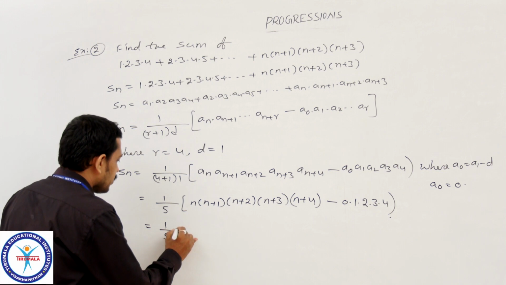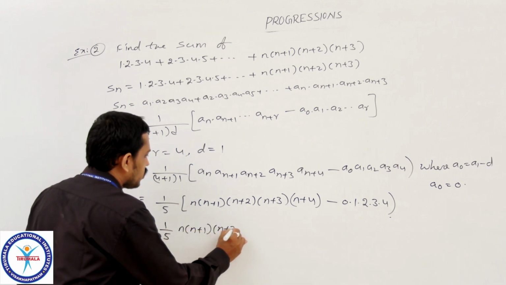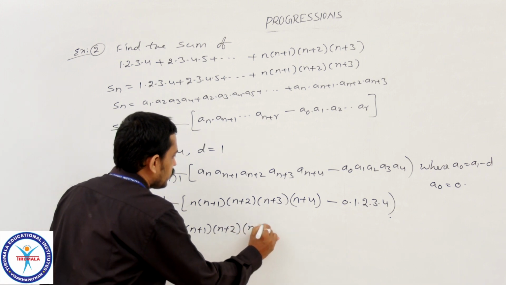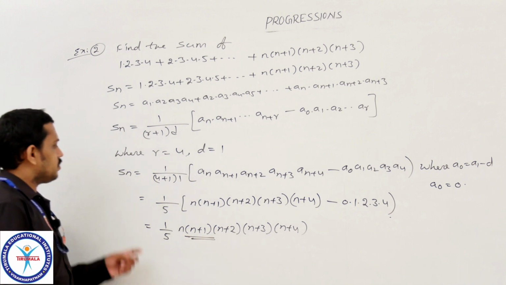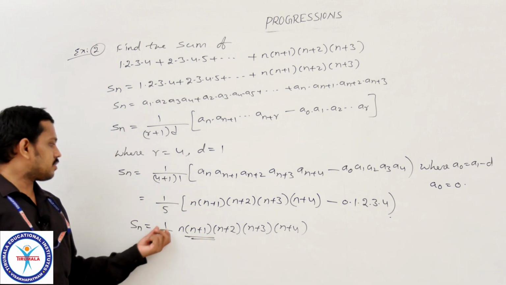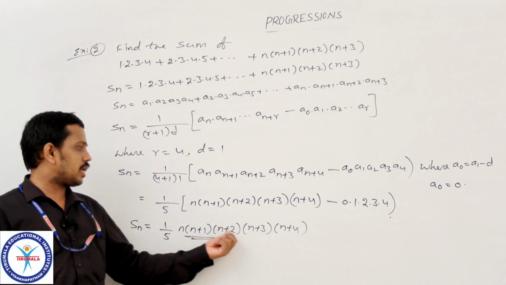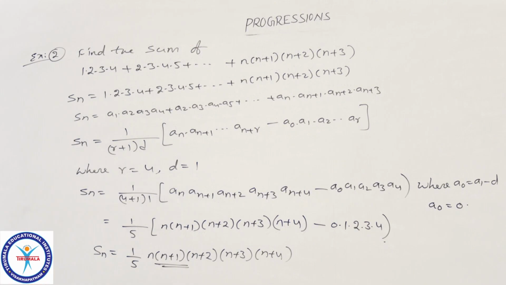Therefore, Sn is 1 by 5 into n plus 1 into n plus 2 into n plus 3 into n plus 4. By simplifying this value we get Sn. So, we can leave this value, 1 by 5 into (n+1)(n+2)(n+3)(n+4), as the required sum.